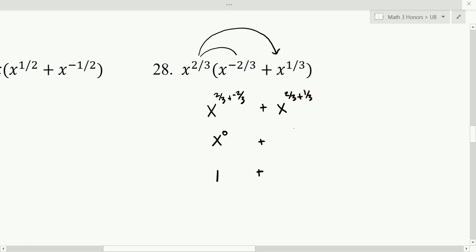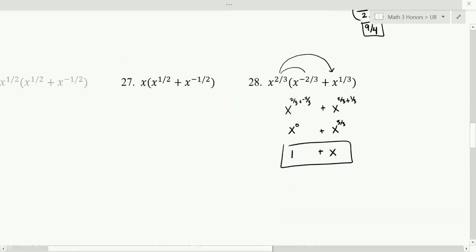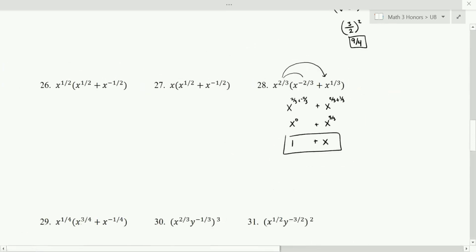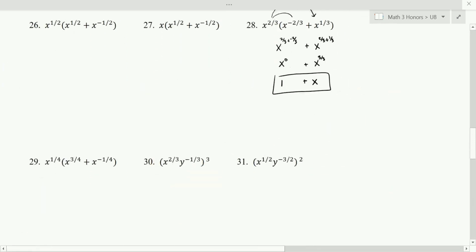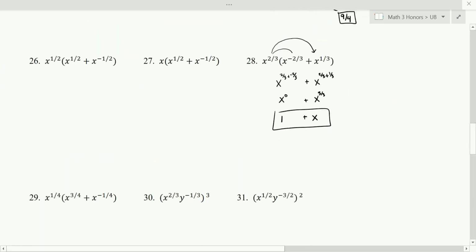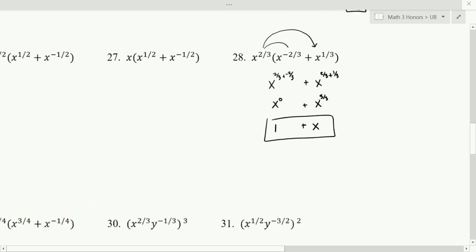I'm going to add the 2/3 and the 1/3. I get x to the 3/3. So when I multiply those together, I just get 1 plus x as an answer. Okay. You okay with that?